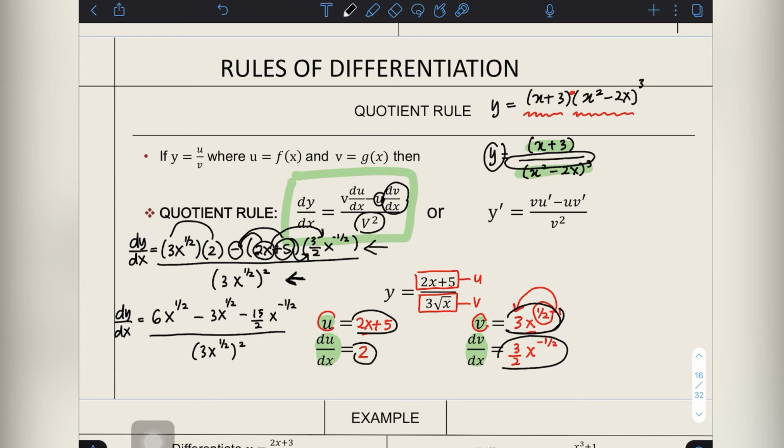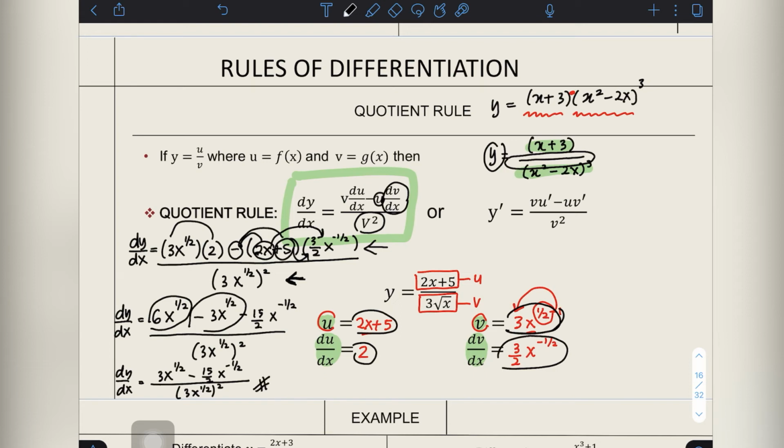So you can see this one, 6x to the power of half can be minus with 3x to the power of half. So what you will get is dy/dx equal to 3x to the power of half minus 15/2 x to the power of negative half, divided by 3x to the power of half, power of 2. Actually, you still can simplify this one, but just let it be until here.